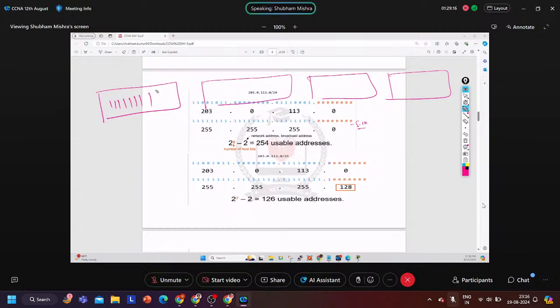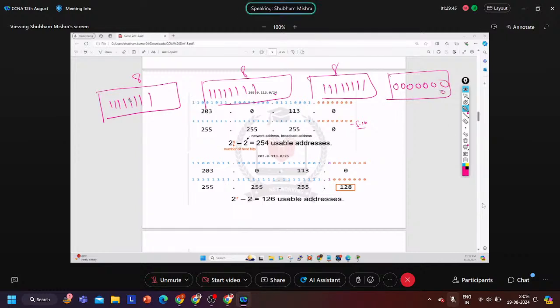In one octet, the maximum number of bits you can write is 8. This is full. This is also full. This is also full. And we have 24 bits already written. And here, 0, 0, 0. Yes or no?